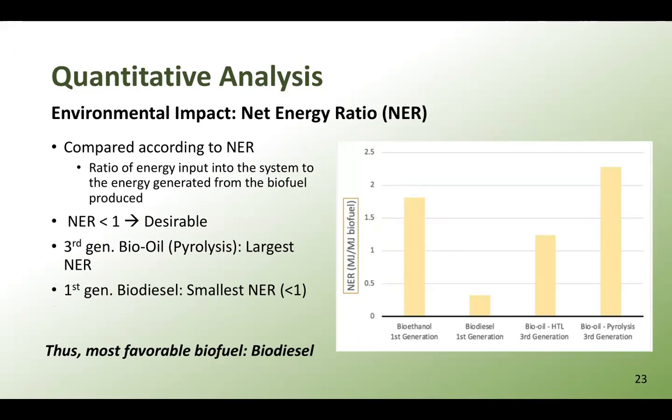And as mentioned earlier, the NER of the third generation bio-oil is higher than 1, and the largest is that of the pyrolysis technique for the third generation bio-oil, while the first generation biodiesel has the smallest NER, and it's the only NER less than 1. So when it comes to the net energy ratio, the most favorable biofuel is found to be biodiesel.